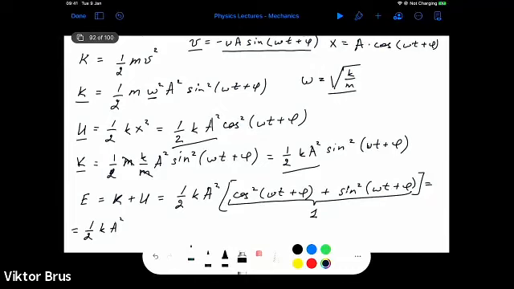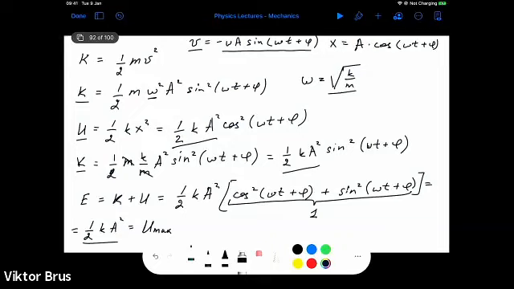So it's actually equal to the maximum potential energy which was gained by the spring when we stretch our spring to this maximum displacement A, and we see from this derivation that the sum of kinetic and potential energy at any given time of simple harmonic oscillation is a constant, and it's equal to the maximum potential energy of the spring.